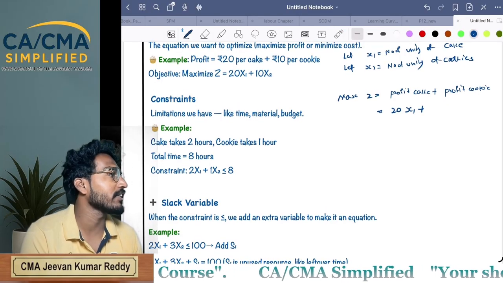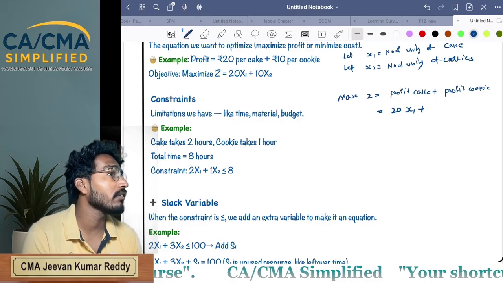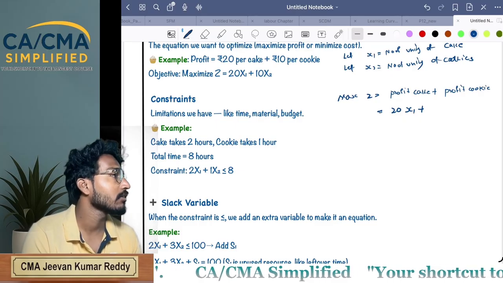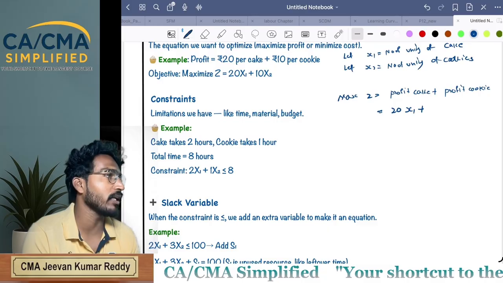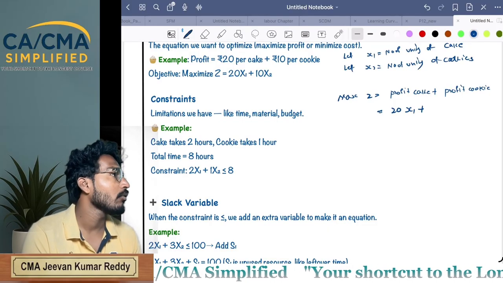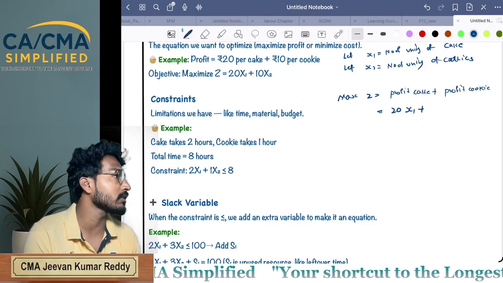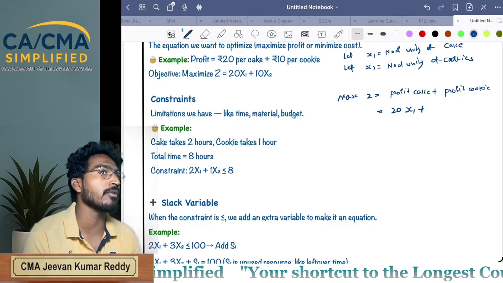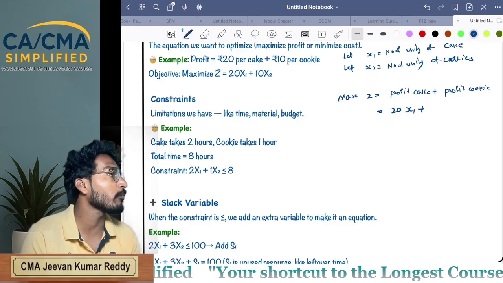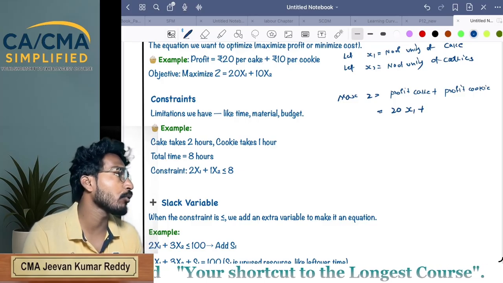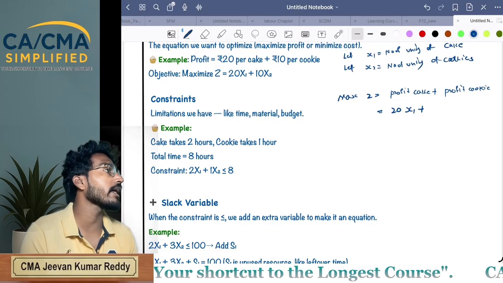Next, what is the profit of cookie? Profit of cookie is 10 rupees. By selling one unit of cookie, you will get 10 rupees. To get the entire profit from cookies, you multiply the number of units of cookies produced by 10 rupees.